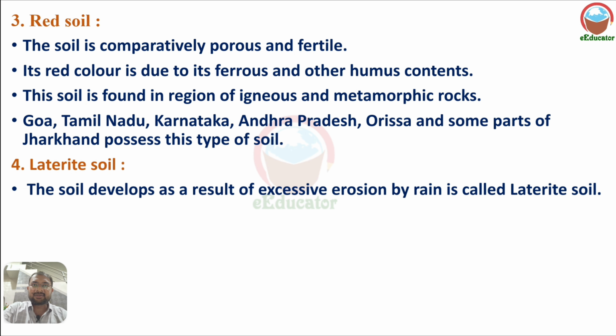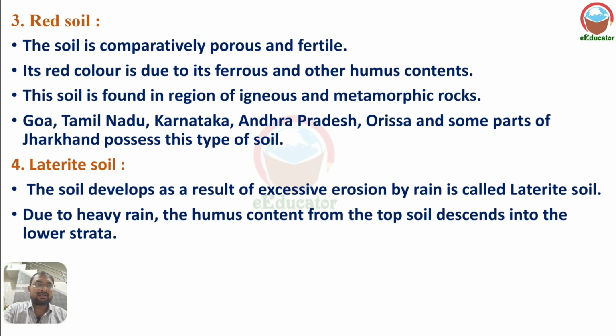Laterite soil. The soil developed as a result of excessive erosion by rain is called laterite soil. Due to heavy rain, the humus content from the top of the soil descends to the lower strata.